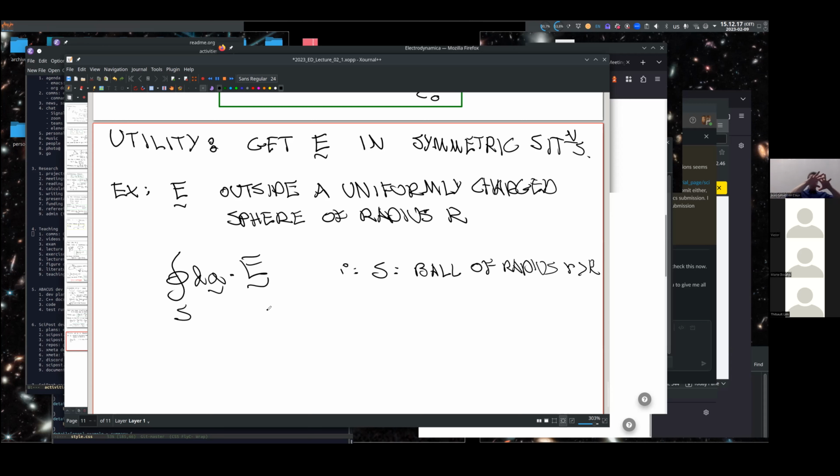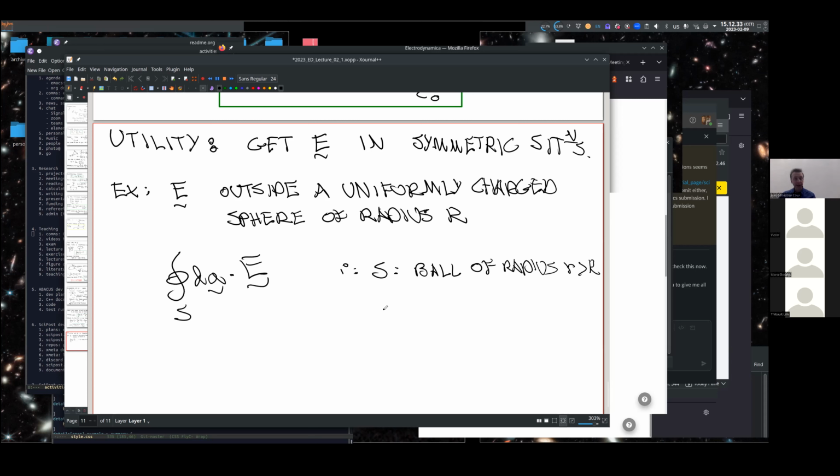It's completely symmetric, so irrespective of how I rotate my sphere, it's going to give me the same answer. If I actually compute this integral, what it gives me is just the value of the field in the radial direction times the surface of the ball.